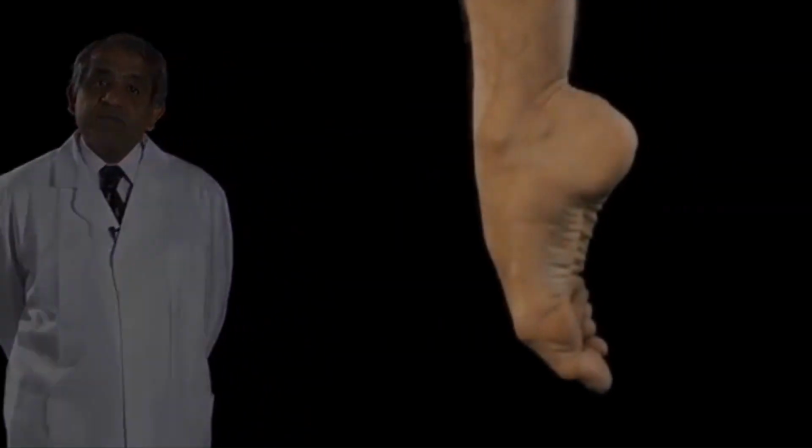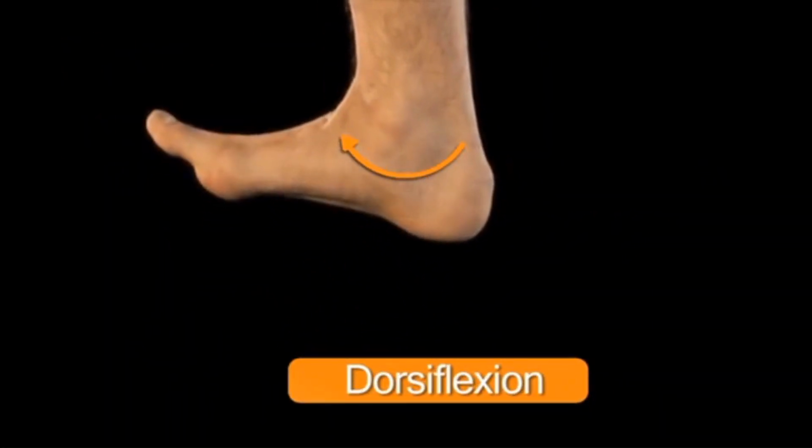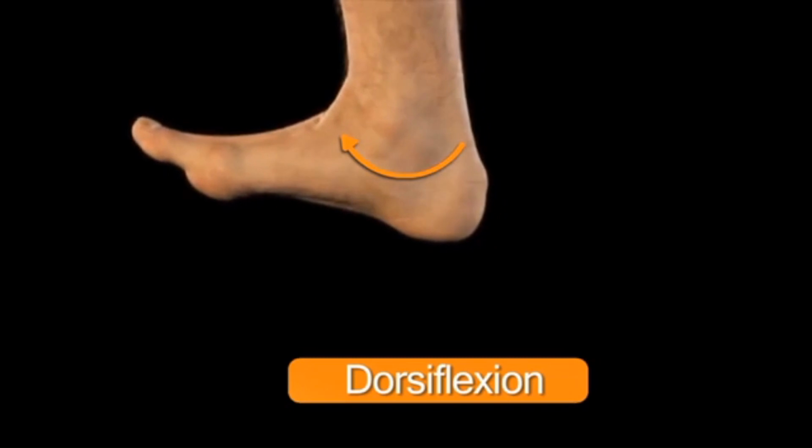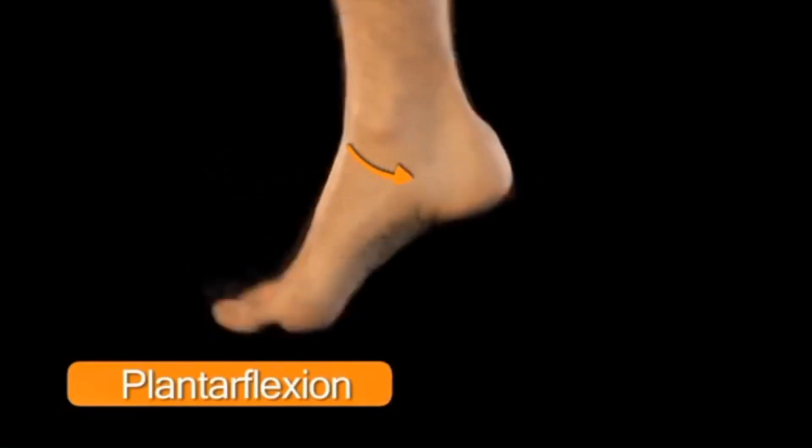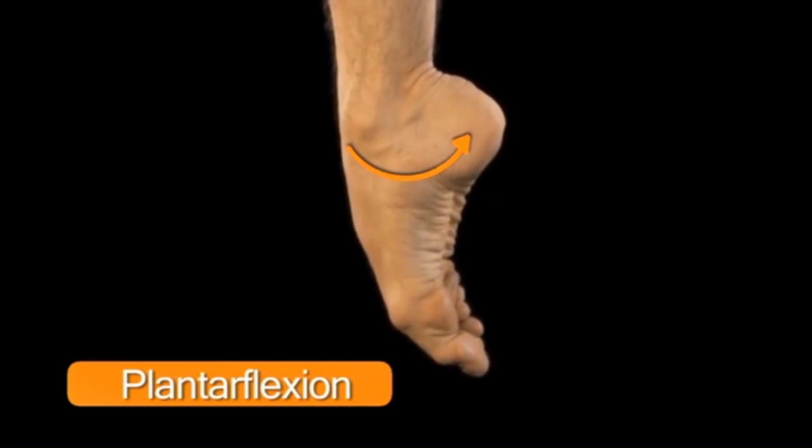Extension at the ankle joint, which is manifest as an upward movement of the foot, is also referred to as dorsiflexion. And flexion of the ankle joint, manifest as a downward movement of the foot, is referred to as plantar flexion. Moving further along, various small joints in the foot allow specialized movements of the foot.